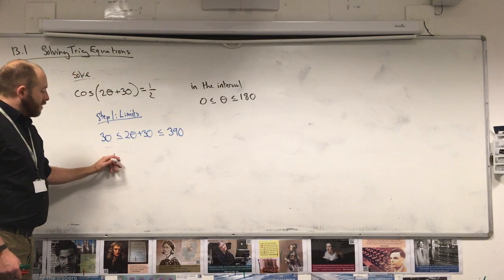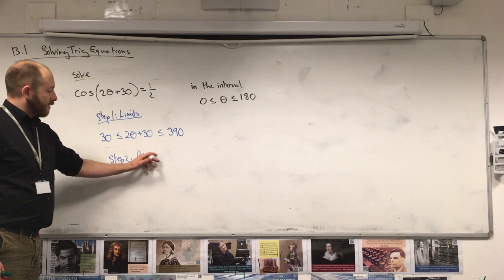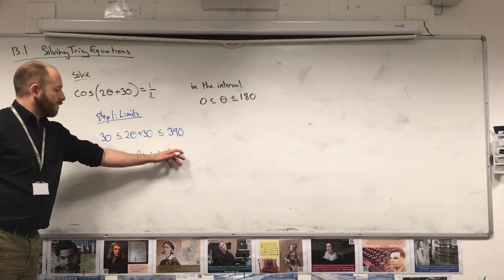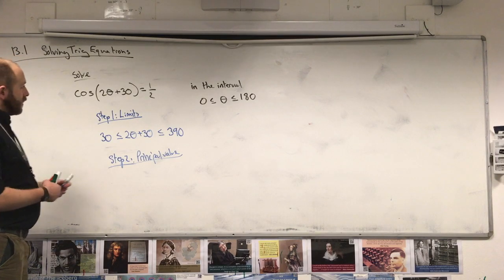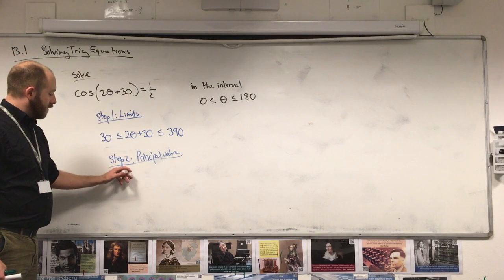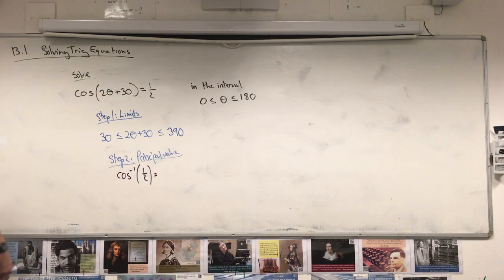Step 2, principal value. So I'm going to inverse cos a half, which will give me this time 60 degrees.